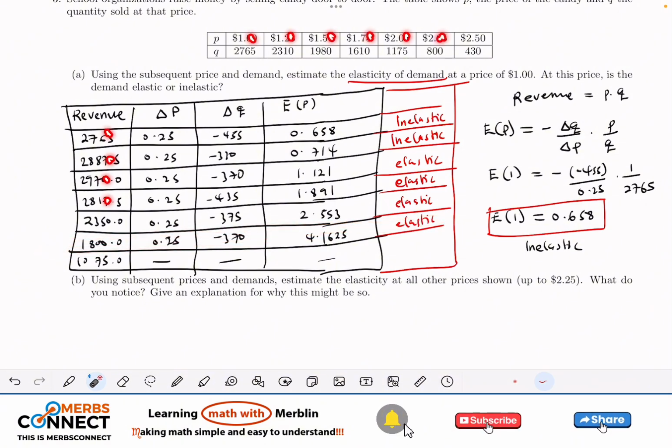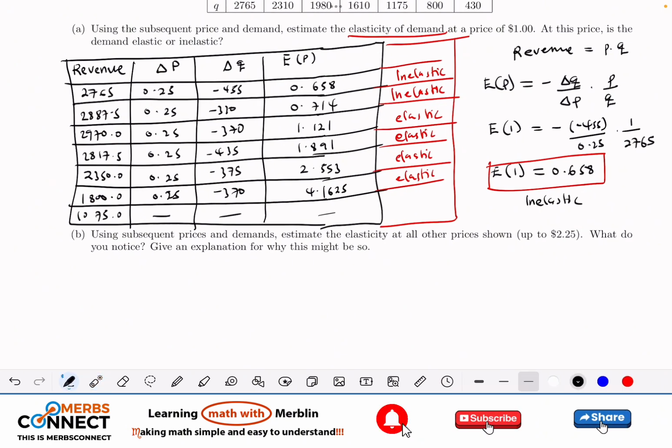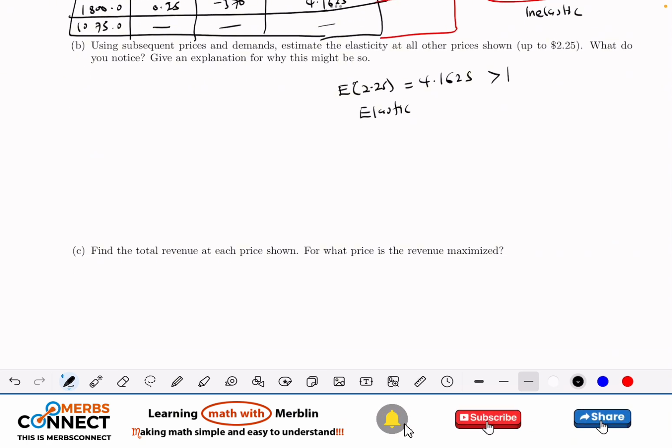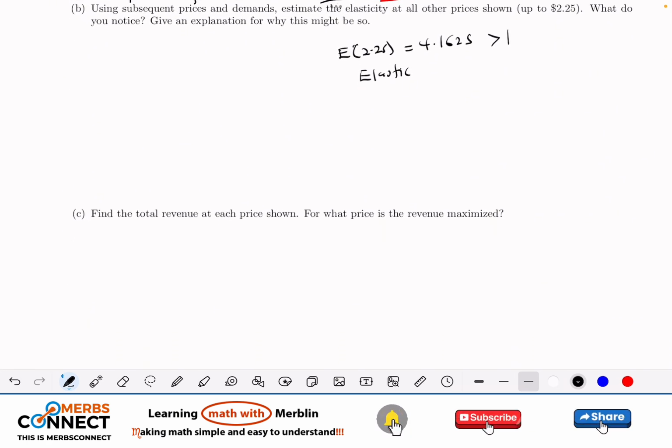So here the elasticity at 2.25 is equal to 4.1625, and we can see that. What do you notice? Elastic. Give an explanation. It's because this is greater than 1. That's all. So that's what you're going to get from there.